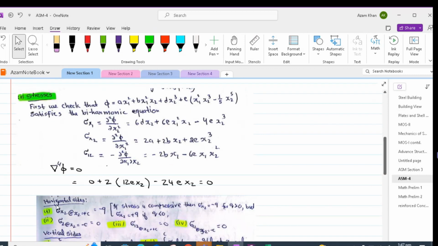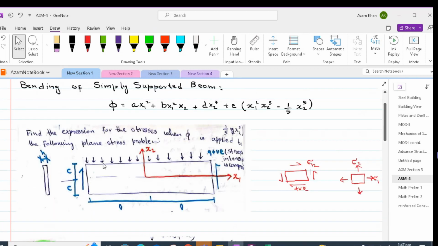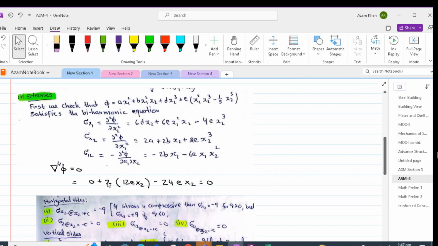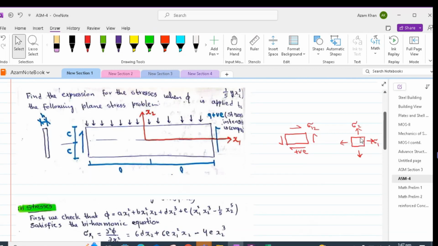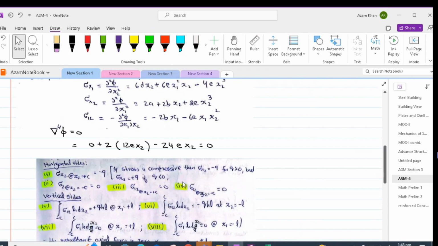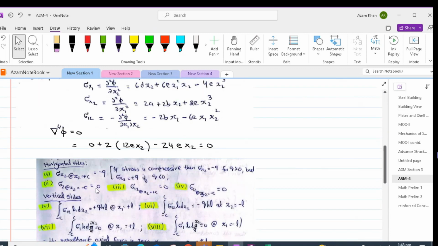Let us now apply the boundary conditions. We start off with the horizontal sides. So sigma x2 at the top horizontal side is equal to minus q according to our sign convention. Similarly, sigma 2 at x2 equal to minus c is equal to 0.